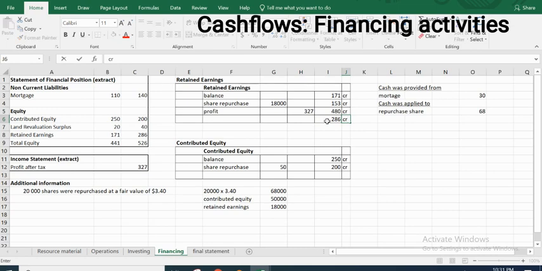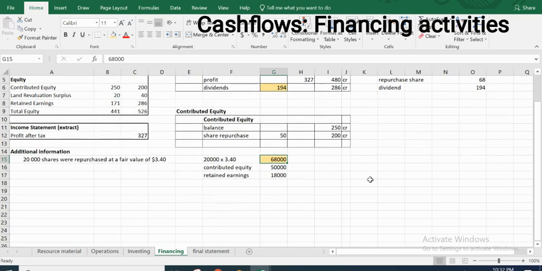So to get from that 480 down to the 286, this must represent the dividends that we've paid. So we've paid $194,000 in dividends this year. So under here, we've also got our dividends of 194. Just highlight those numbers that go in there.